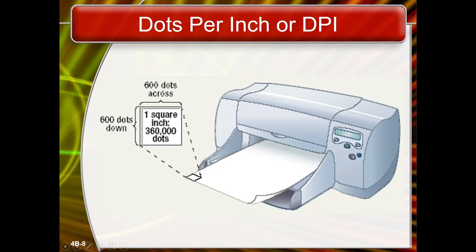So if across the x-axis the number of dots is 600 and the same across the y-axis, then one square inch will contain 360k dots.